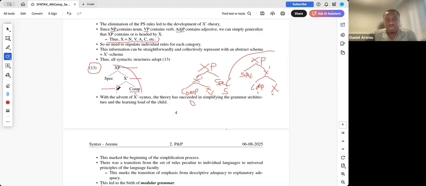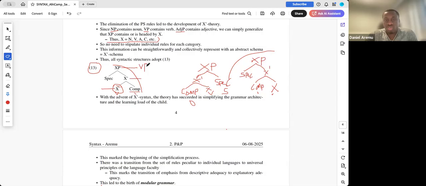So the head is the zero level. The X bar is the intermediate level, and then the XP is the maximal level of the tree. And you notice that whatever is the head is what projects up, what gives you the name of your projection. So if you have a V in this position, it will mean that what we have here is a VP.